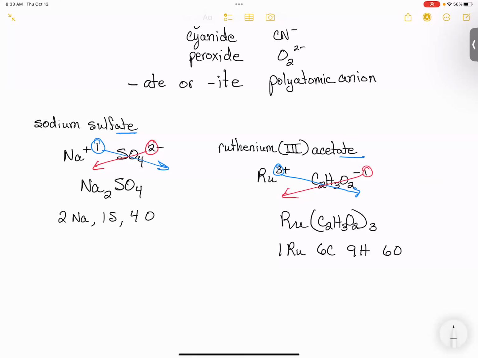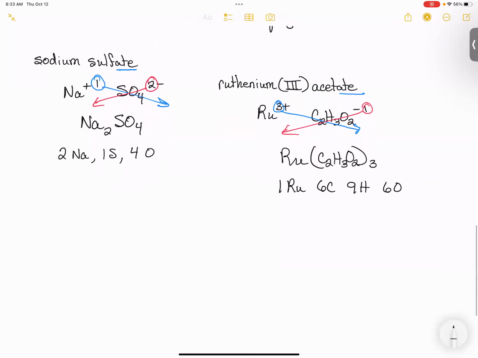Let's look at another example. Silver phosphide.